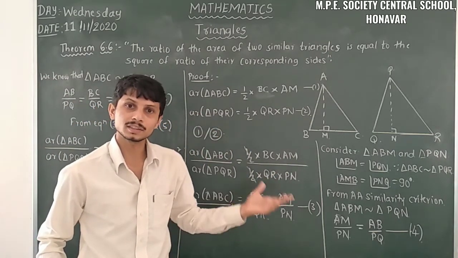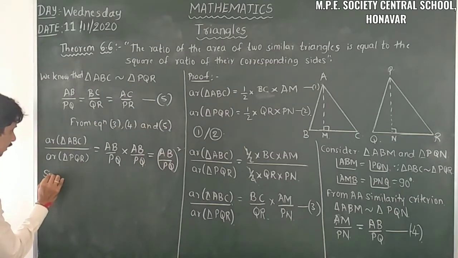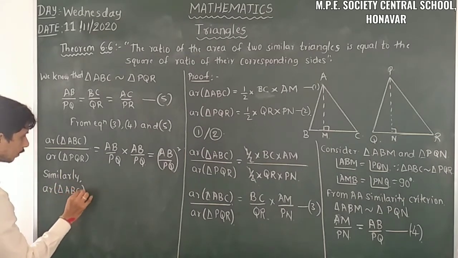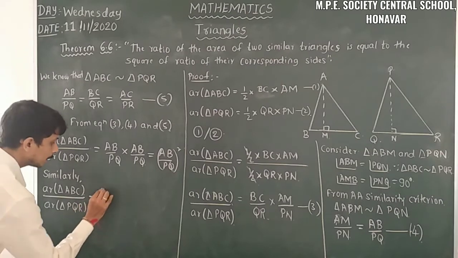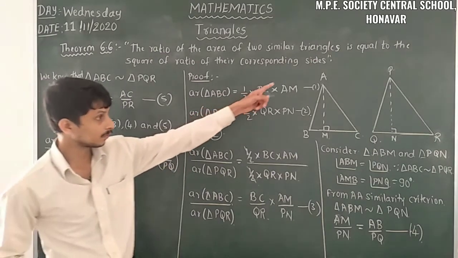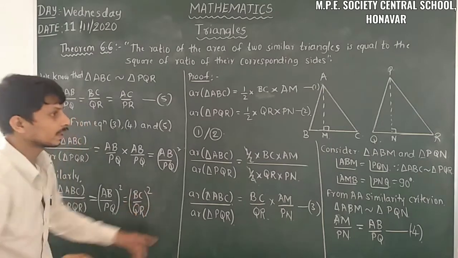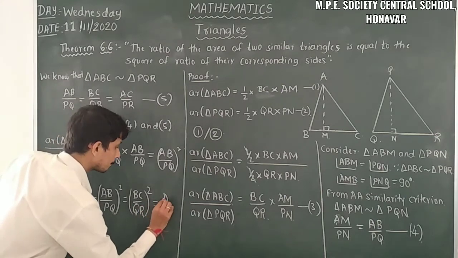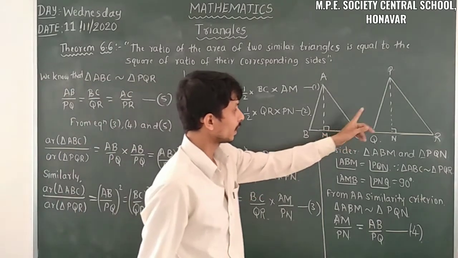Similarly, area of triangle ABC divided by area of triangle PQR is equal to AB by PQ whole square, when we take the perpendicular from A, and BC by QR whole square, when we take the perpendicular height from B and Q, and AC by PR whole square, when we take the perpendicular height from C and R.